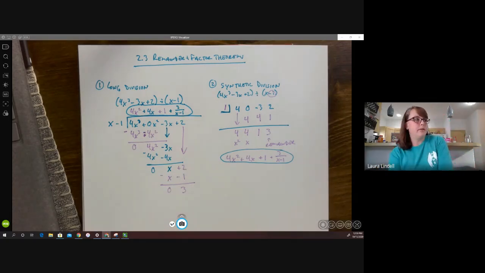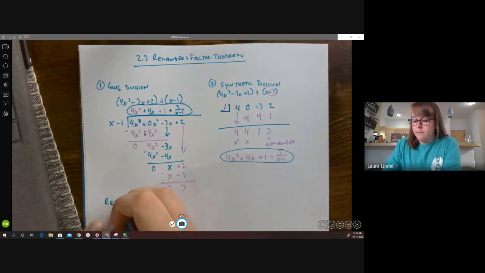I don't care which one you use because they both get you the same answer. But yeah, so that's a brief overview again of synthetic and long division. We can do more examples of that in just a moment for those of you who would like them. But I am also going to mention the remainder and factor theorems here.